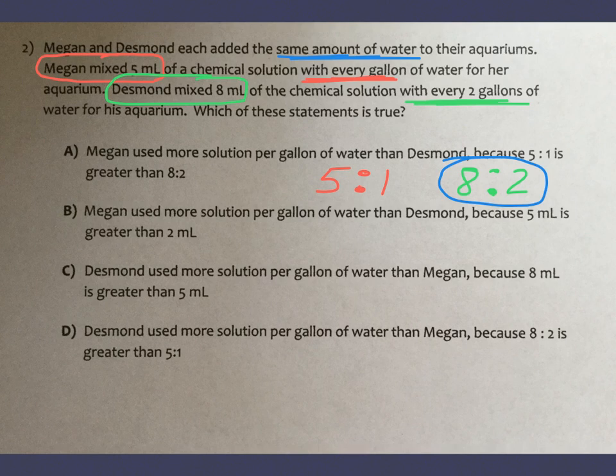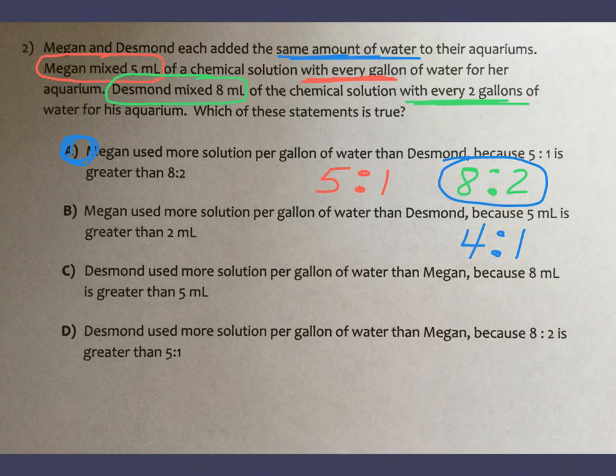That 8 to 2 is the same as 4 to 1. 8 to 2 simplifies to 4 to 1. And now 5 to 1 would be more than 4 to 1. And so A could be our answer. But let's check out B, C, and D just to be sure.